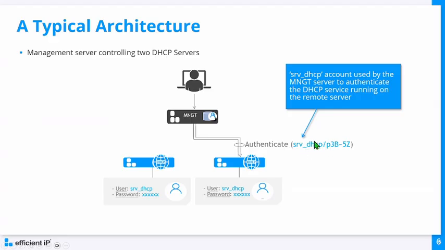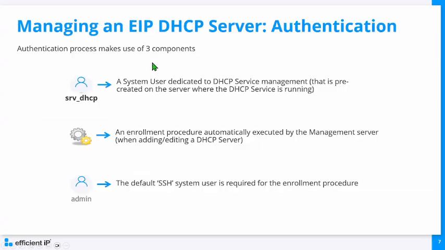This is the service account the management server uses to log into the DHCP server remotely and manage the DHCP engine and the config file of the DHCP engine. Same thing for the enrollment process: you need to enroll the DHCP server into the management server.